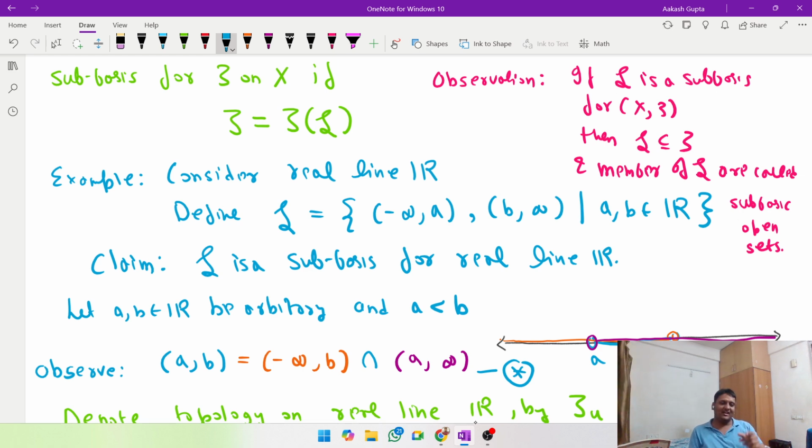So see, if you observe this proof to show that this S is a subbasis, what we have used is a basis of the real line R. I mean, this is not the only way, I agree, but somehow these subbases and bases are related. That's what I said. Sub means before it. So let us understand why we call such a collection a subbasis.